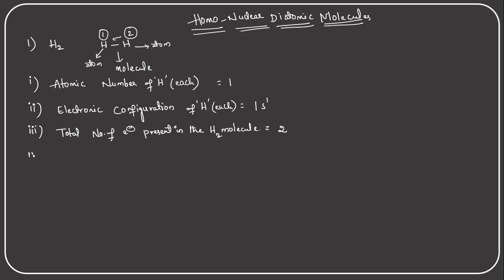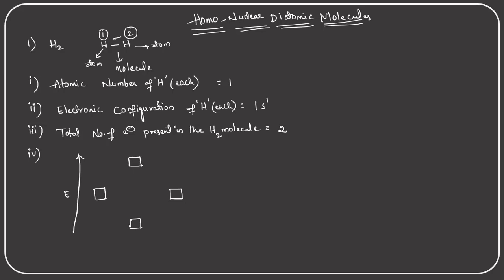Then the fourth step in molecular orbital theory is the construction of the energy level diagram. In this, the pure atomic orbitals of each hydrogen are combined with each other and merge together to form the same number of molecular orbitals.